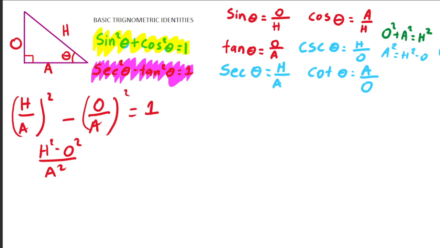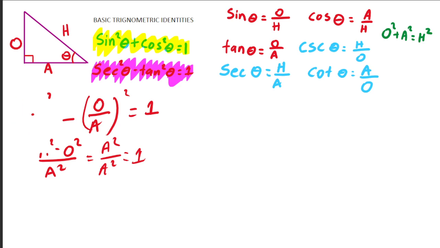After rearranging it, you'll notice that this is the same as this. So H squared minus O squared is equal to A squared. If we just write that down, we get A squared over A squared, which is obviously, again, 1.